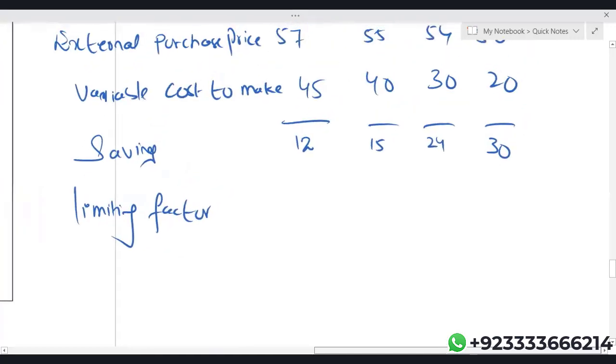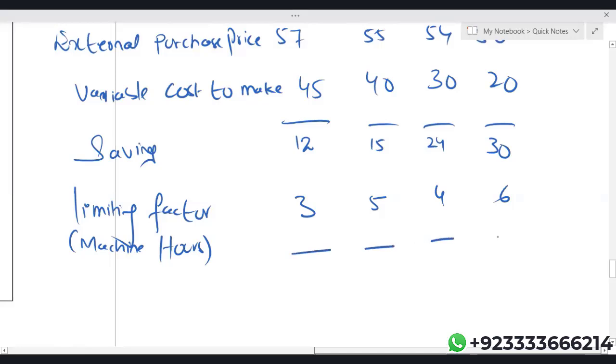So 1 unit of L needs 3 hours. M needs 5, 4, and 6. The limiting factor is machine hours. Now simply divide saving by the limiting factor. 1 unit of L needs 3 machine hours.